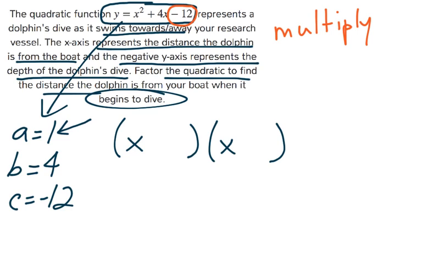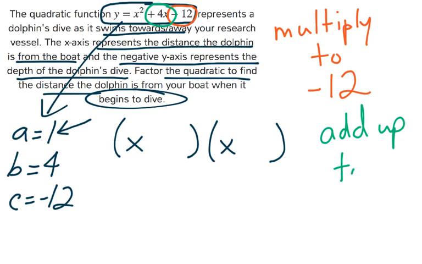So your two factors should multiply to negative 12. And the other thing to consider is the plus 4, your b. They need to add up to positive 4. So we're looking for two numbers that multiply to negative 12 and add up to 4.